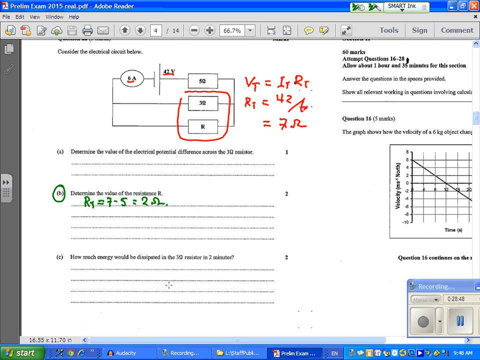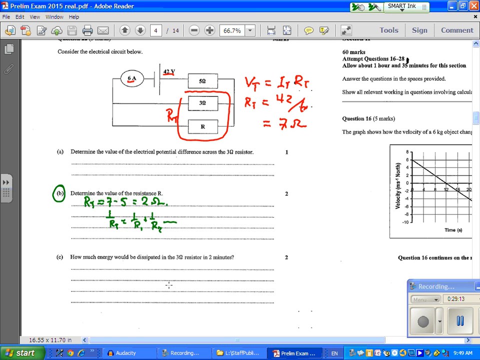So now I know that my R total for this black box resistor is going to be 2 ohms across the whole thing. Because they're in parallel, I'm going to need to use the parallel formula for resistors: 1 over RT equals 1 over R1 plus 1 over R2.